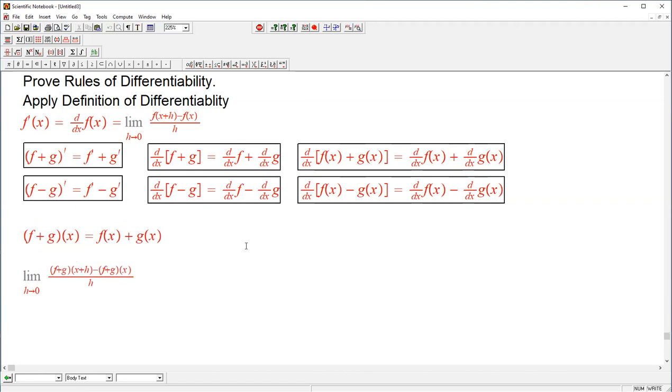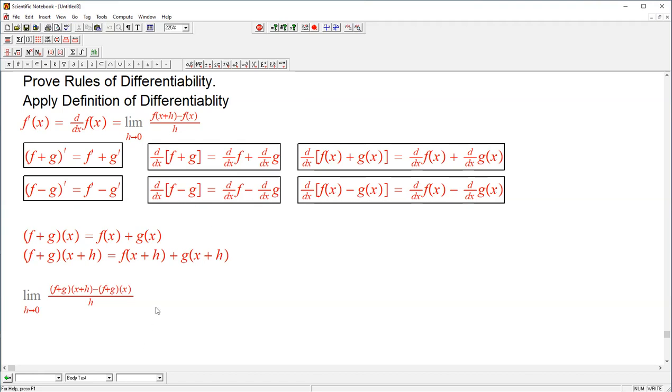And f plus g of x plus h is going to be f of x plus h plus g of x plus h. I know all of this is a whole lot of notation. So please practice, write it down, make sure you understand these notations.